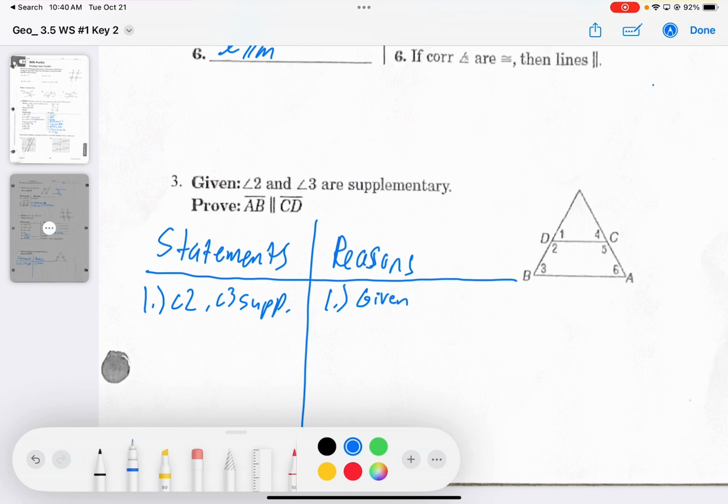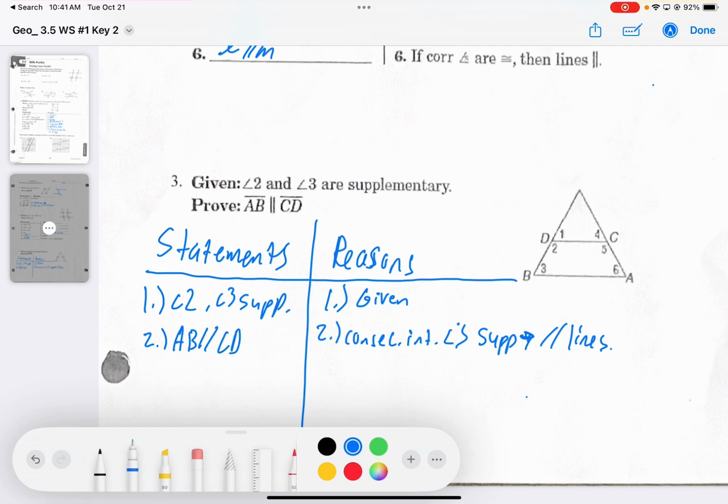So because of that, I'm going to write the reason first. Consecutive interior angles supplementary implies lines are parallel. And that's what I wanted to prove. I want to prove that lines are parallel, so then I can say that AB is parallel to CD. So that was a really short one.